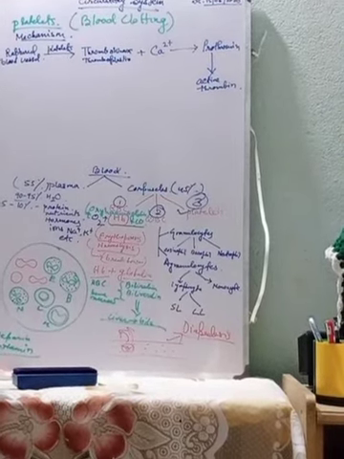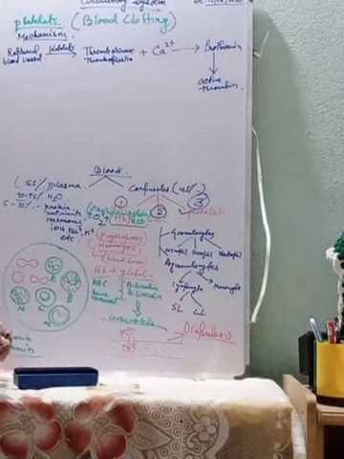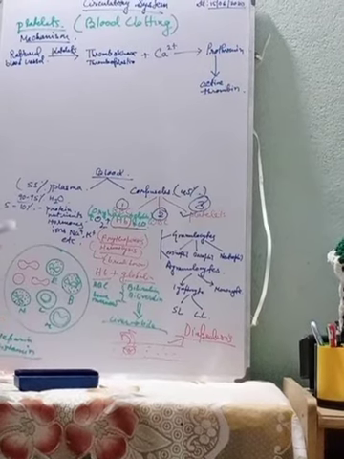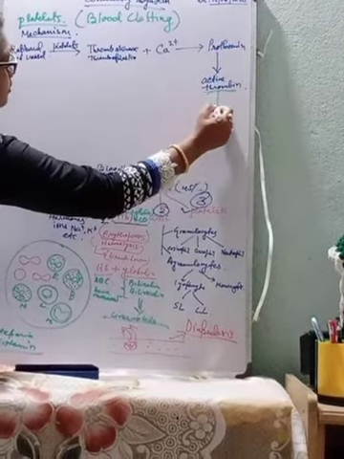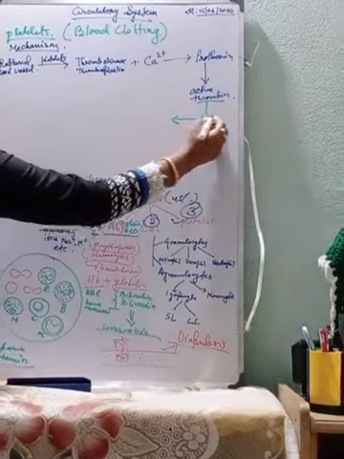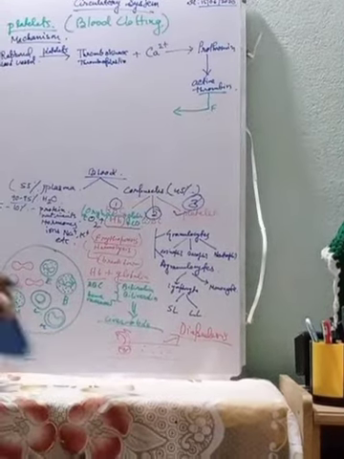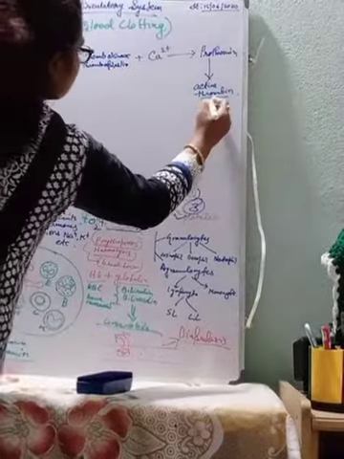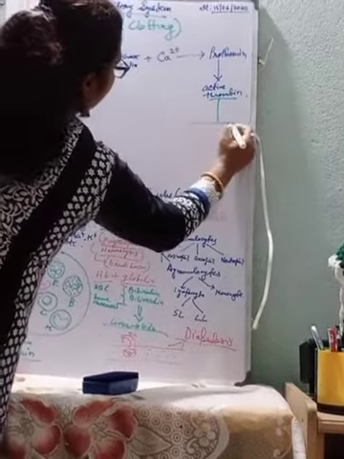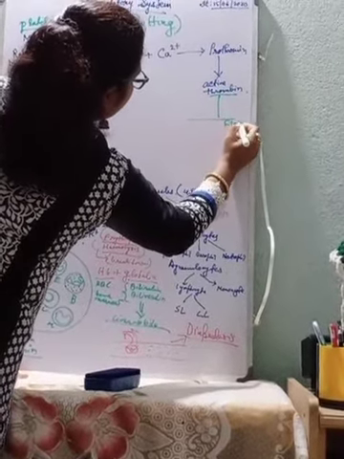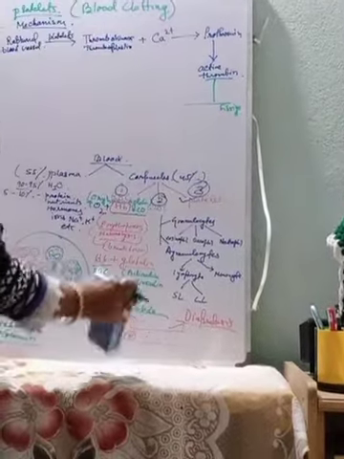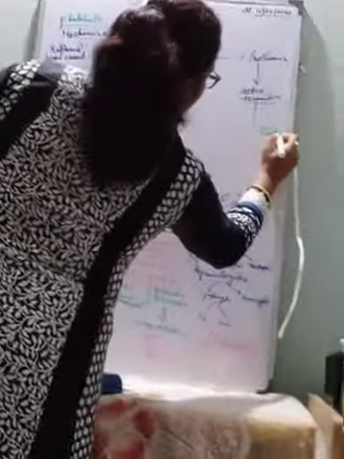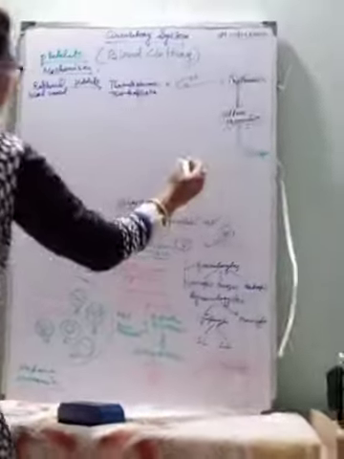In the next step, this thrombin will convert the fibrinogen to active fibrin.